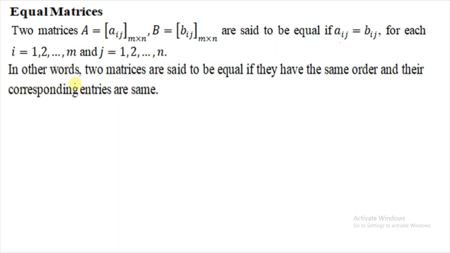Or in other words, two matrices are said to be equal if they have the same order and their corresponding entries are the same. Suppose 1, 2, 3, 4, 5, 6. Equal means it's also 2 by 3 order and each element is also the same. Suppose you write a, b, c, d; when are these equal? a equal to 1, b equal to 2, c equal to 3, d equal to 4. That means the same order and corresponding entries are also the same.